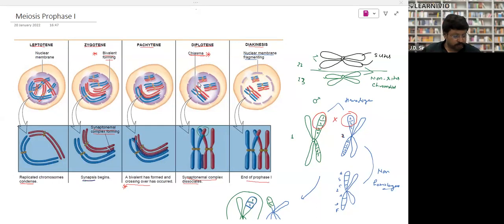The chromatids belonging to different chromosomes are termed non-sister chromatids. Full stop.